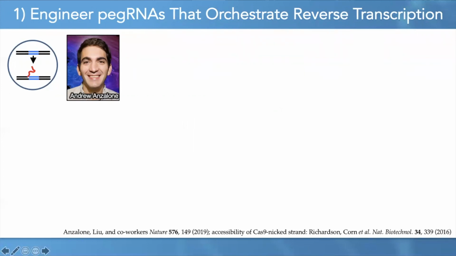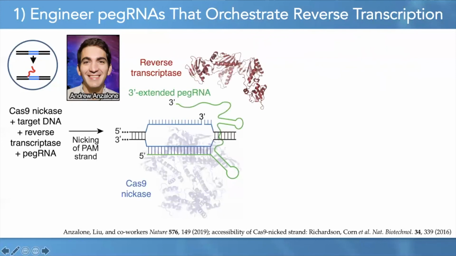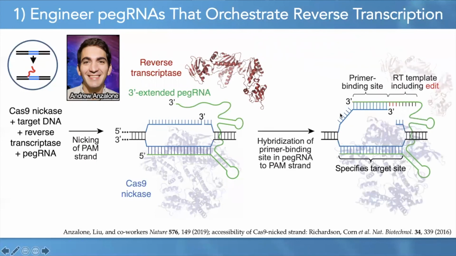To fulfill the goal of using pegRNAs to specify a target site and also transfer edit information to the target site, we envisioned nicking the targeted DNA with a catalytically impaired Cas9 nuclease. From there, a complementary sequence element present on the 3' extension of the pegRNA would bind the free 3' end of the nicked DNA, thereby priming reverse transcription and leading to the installation of an edit on the nicked DNA.